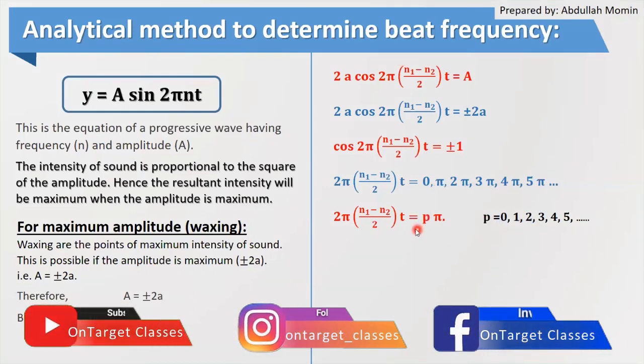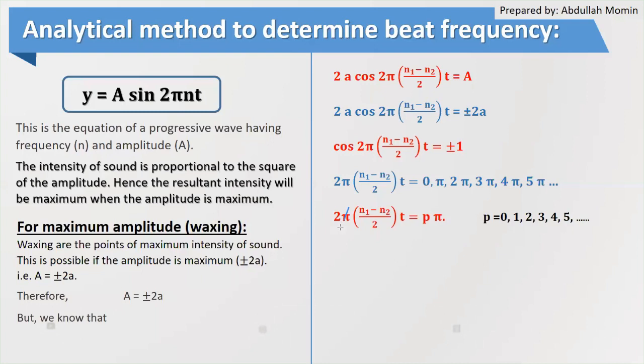Next we are going to simplify this equation, and for simplification we are going to cancel this π and this π from both sides of the equation. These two and these two will get cancelled. Now what do we have left? We have t left.